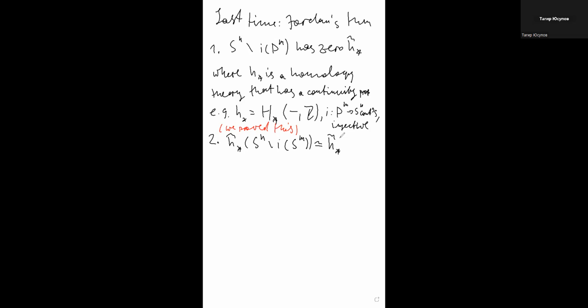The homology of Sn minus I of Sm is the same as the homology of Sn minus I of S(m-1).